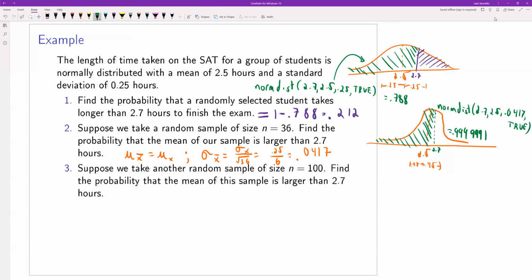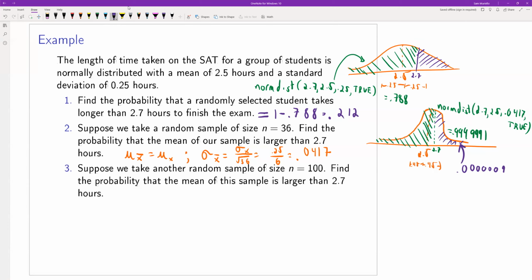And suddenly, we see that the odds of the other region, the part that we're actually looking for, are incredibly small. 0.000009. Why did this happen?